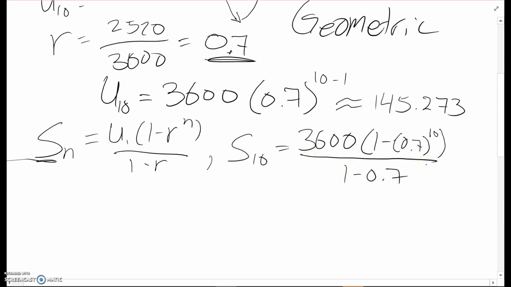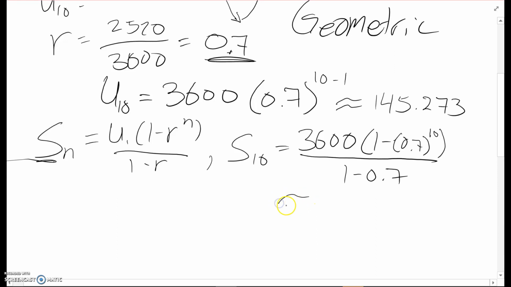And this is just straight calculator work. So 0.7 to the power of 10, minus 1, times 3,600, and then divided by 0.3.